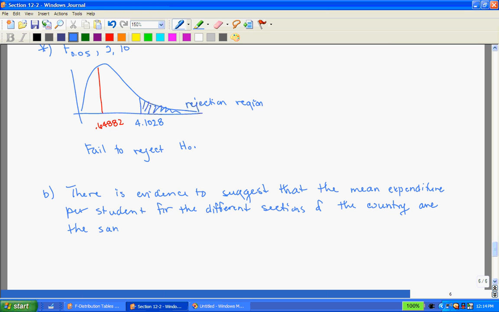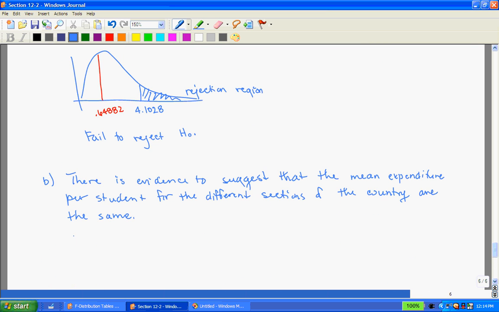Statistically the same. Numerically the same? No, but statistically the same. So for part B, is there a difference? My answer would be no.